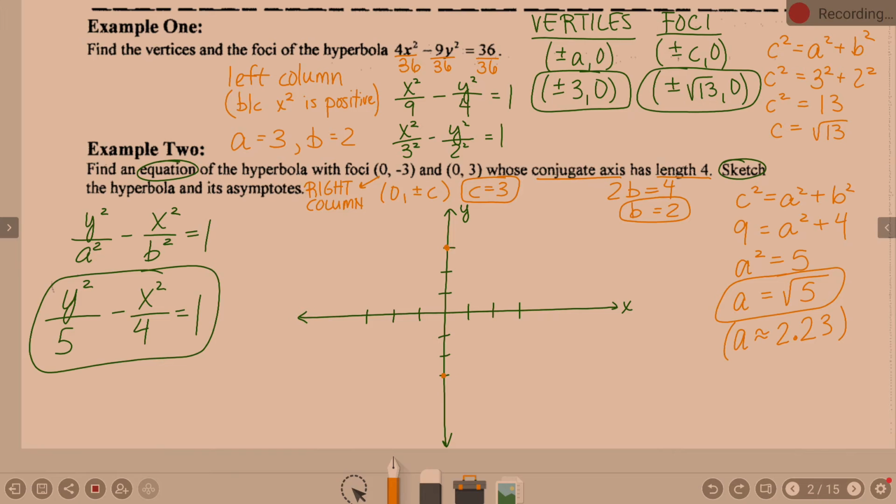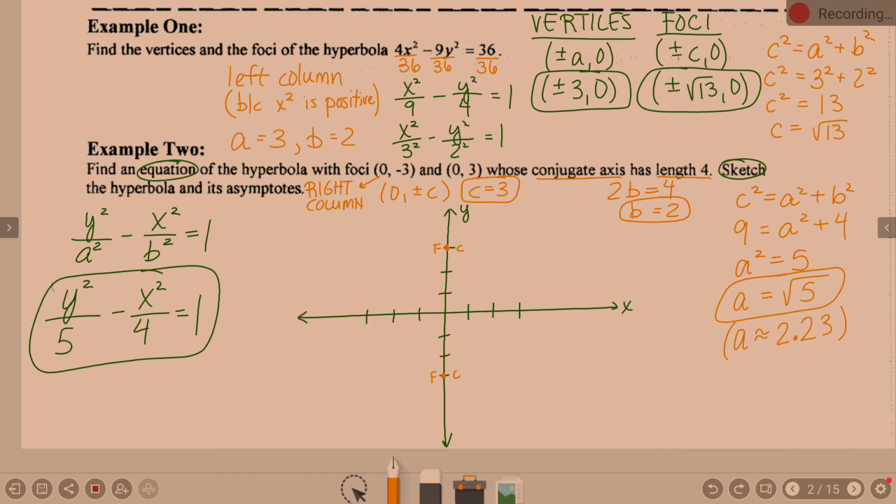I'm going to put F's beside them. Also remember that these are your C values, right? So whether you want to think F or C, we also went 3 out. I'm going to put C's there. It's your C value, it's your foci, okay?